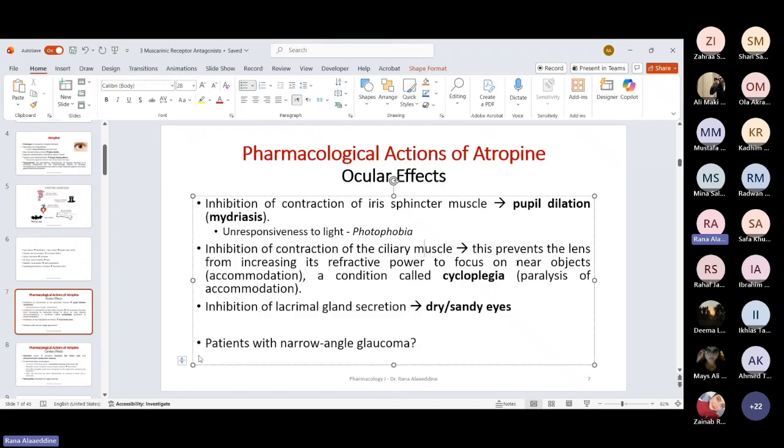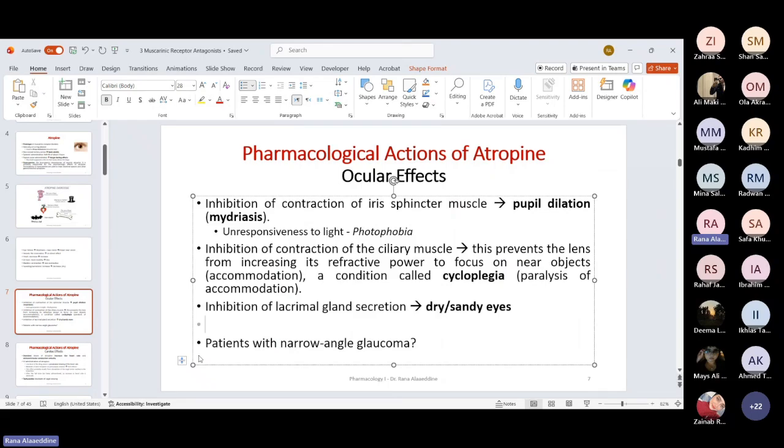Okay, and what do we call this phenomenon? This phenomenon is called cycloplegia. Cycloplegia is when someone cannot see near, right? And also because it inhibits secretions all over the system, the eyes will feel dry because the person is going to be dry all over, okay?